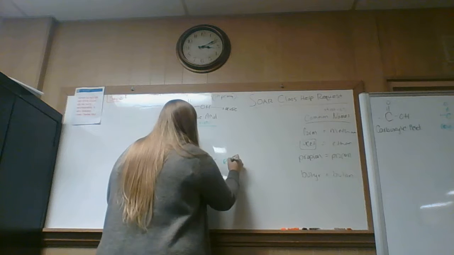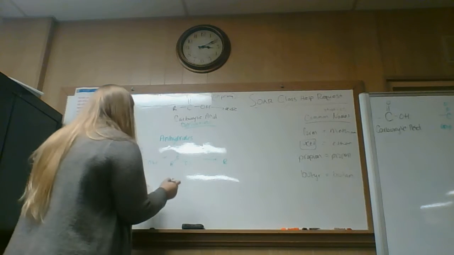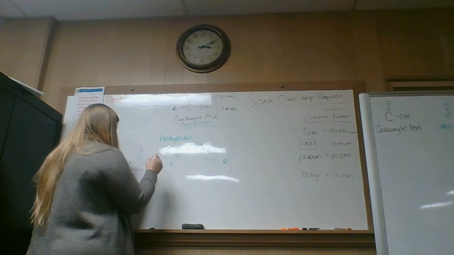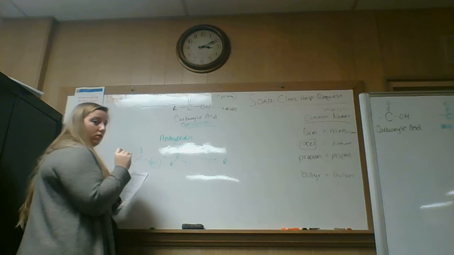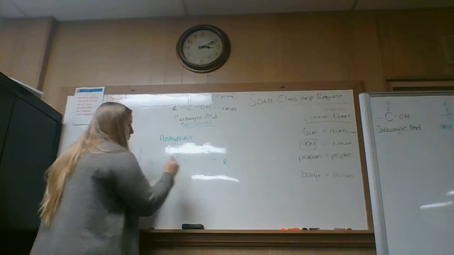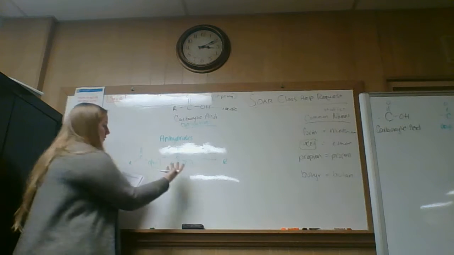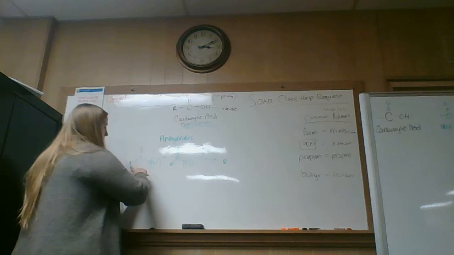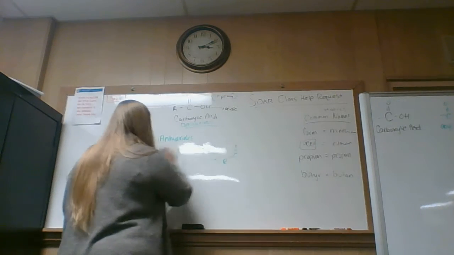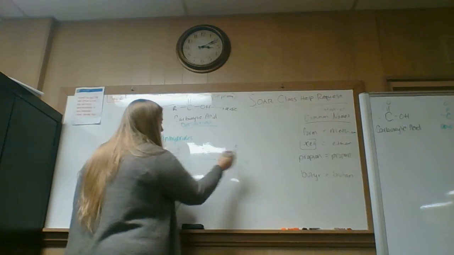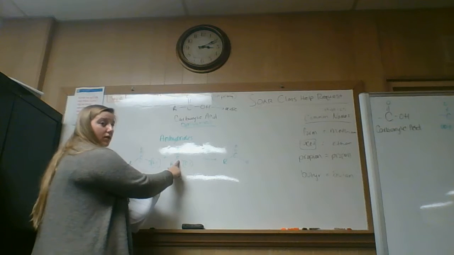Okay, so anhydride, we're actually going to remove our H and remove our chlorine. So imagine this being flipped. We're going to have the R groups on either side. So R carbonyl O. This O is going to bond to this carbon.